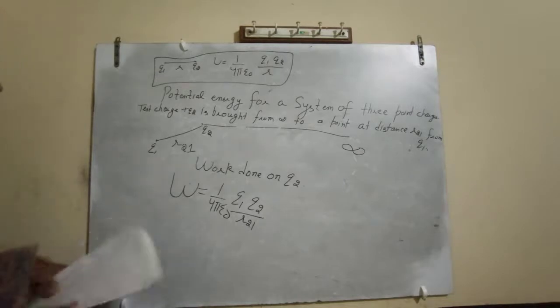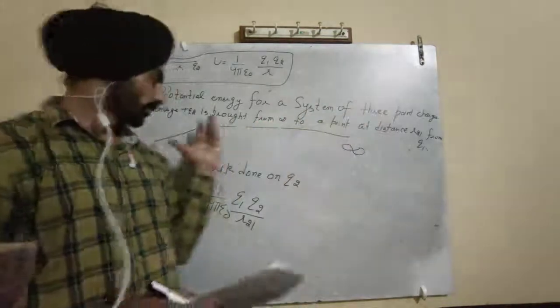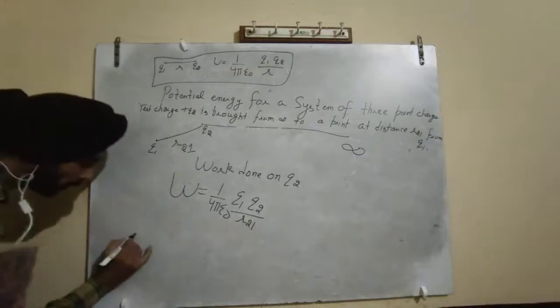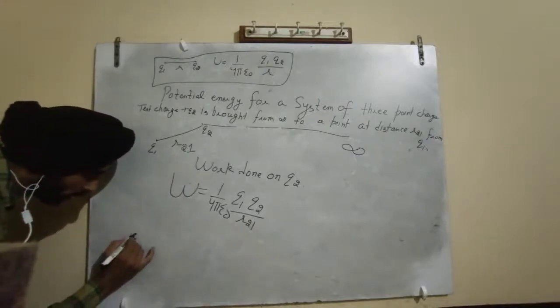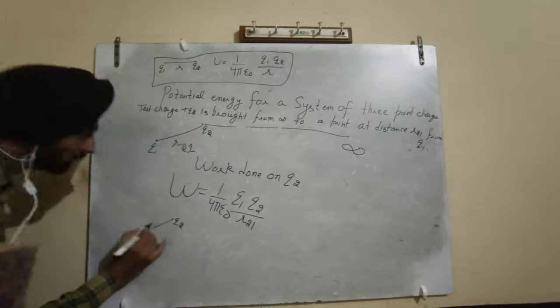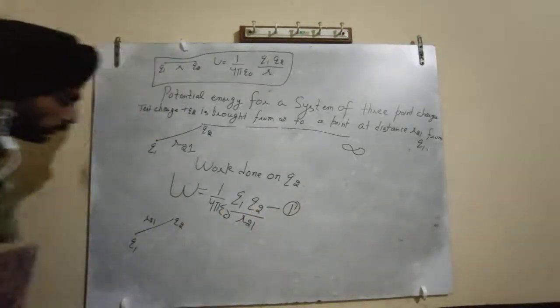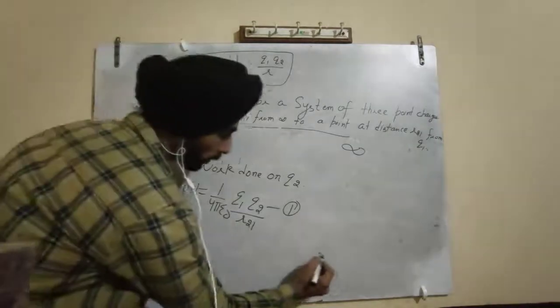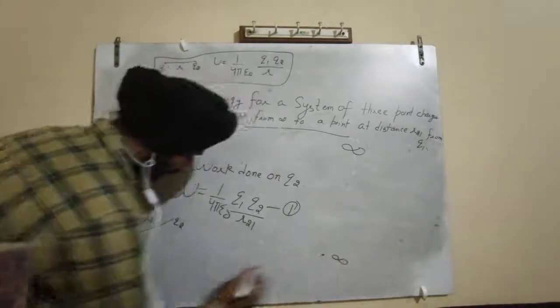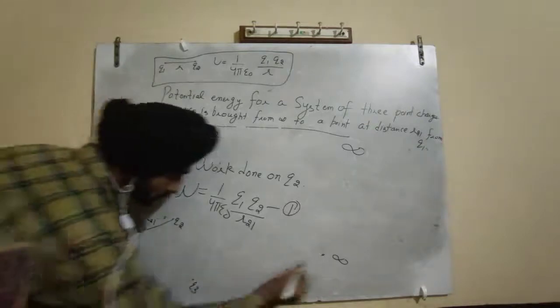So now we will consider 3-point charges. This is already 2-point charges; we will introduce a new point charge. So this is Q1 and this is Q2, at R21, and we have calculated the work done on Q2. Suppose from infinity we are bringing Q3 here.